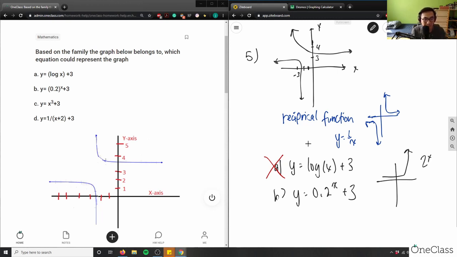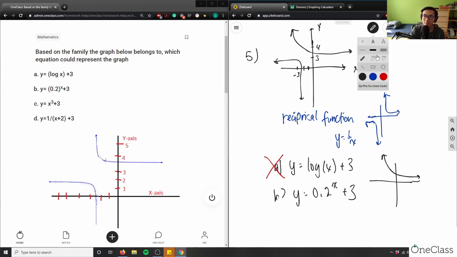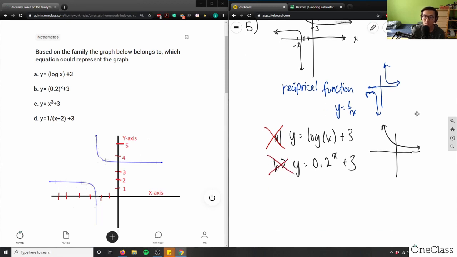However, if my base is between 0 and 1, I have a decreasing function, something like this. The domain works, but my y value cannot be negative. If I take the exponent of something, I can never get a negative value. It has a horizontal asymptote at y equals 0. So this cannot be our answer either. A decreasing exponential cannot be our answer here.